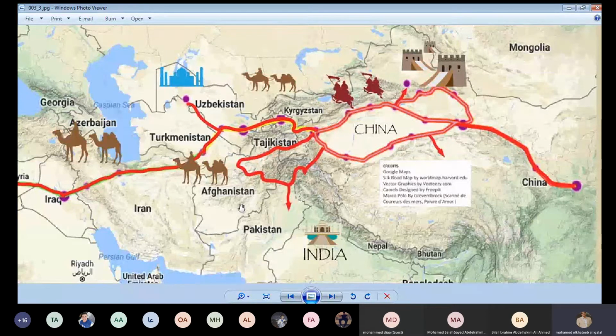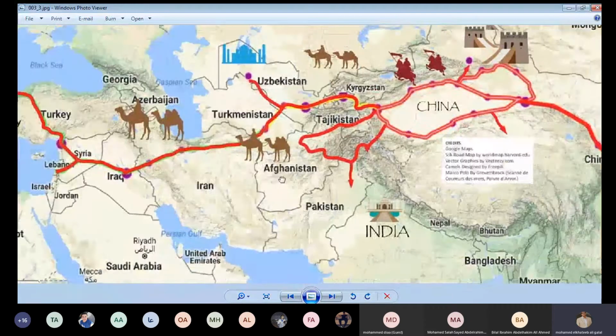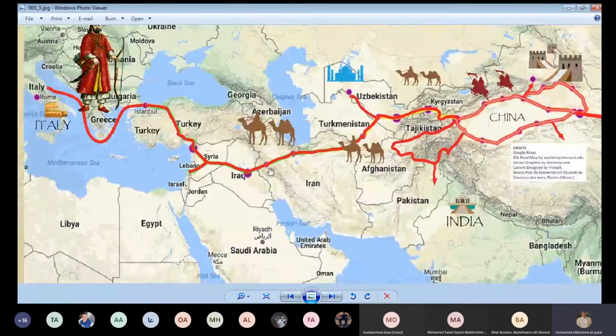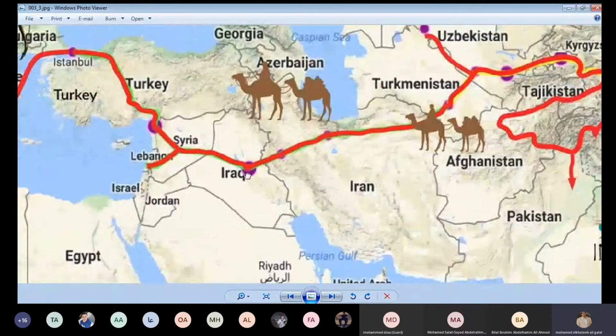Let's imagine, for example, that you are living in Iraq at this point of time. When the caravan stopped at this point, what do you think the Iraqi government at that time will do to them?